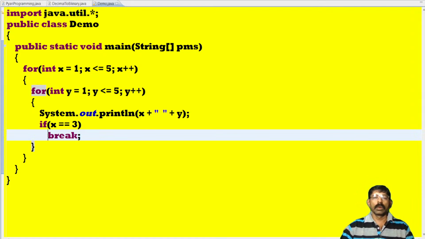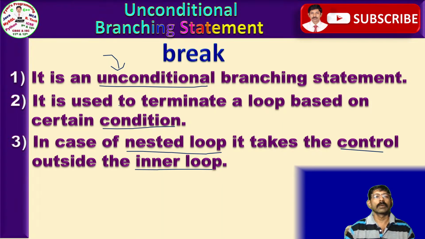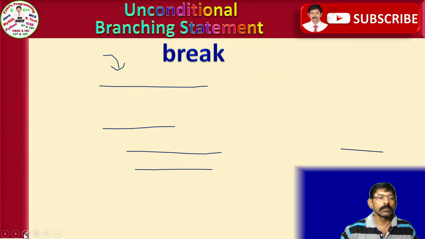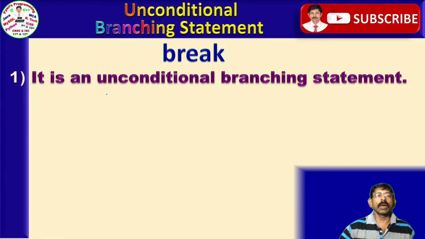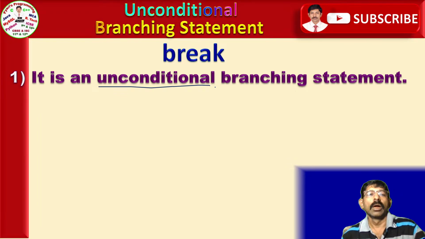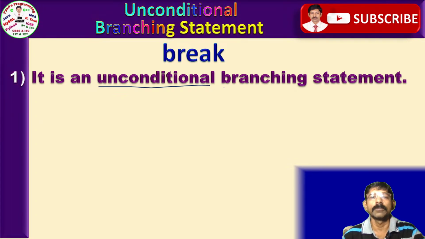Okay. Let me start it again. Let's come back to the first point, break statement. It is an unconditional branching statement because it does not contain any condition and it takes the control out of a loop without any condition.